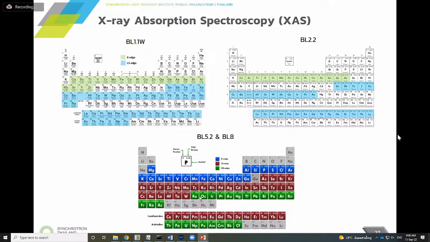And this beam line also detects a lot as well. So most of the elements in the periodic table, if they're not too light, like lithium, or too heavy, we can detect via our machine.